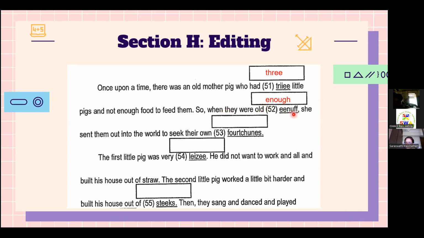So when they were old enough, she sent them out into the world to seek their own fortunes. Okay. So the word fortune is spelled wrongly. So anybody would like to try before I show you how the spelling is? Anybody can help me spell fortune? Anybody? Janiru, do you think you can help me spell fortune?